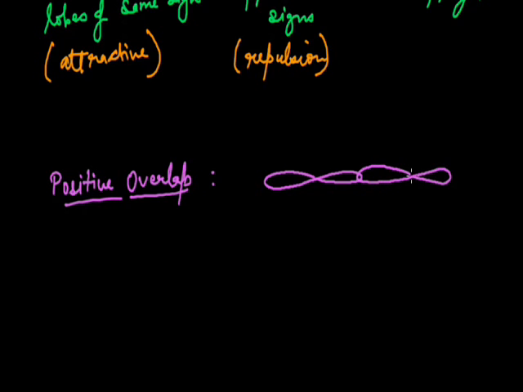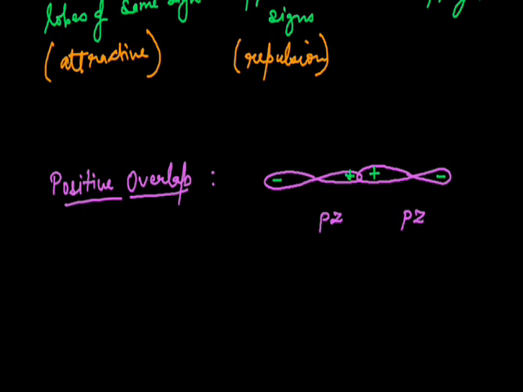So these two orbitals pz are overlapping with each other with their lobes having same signs on them with each other.